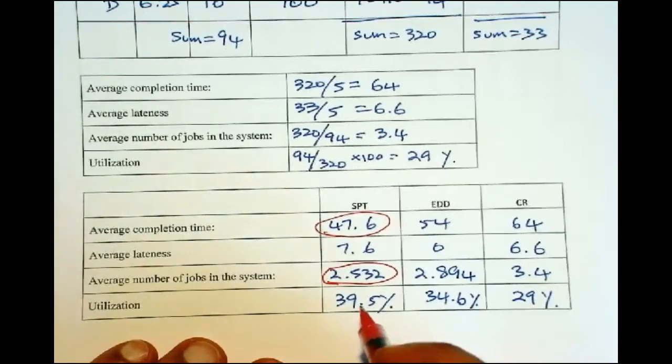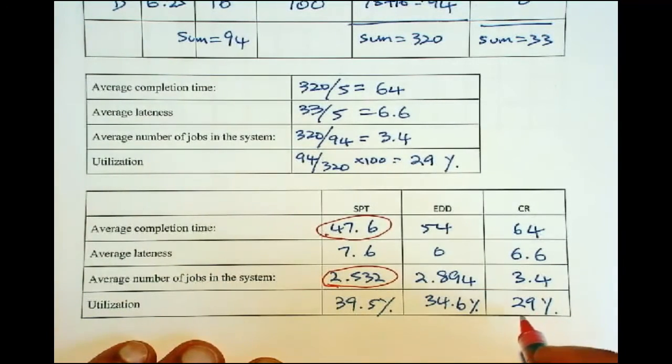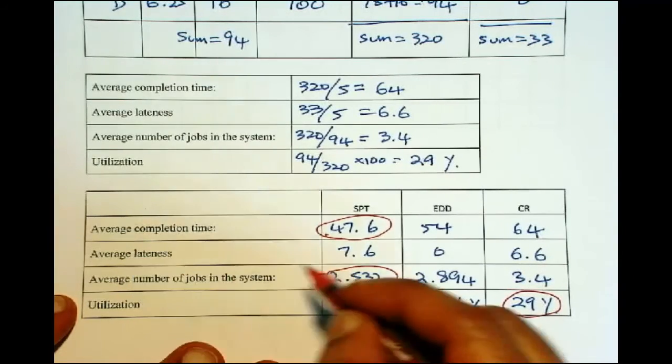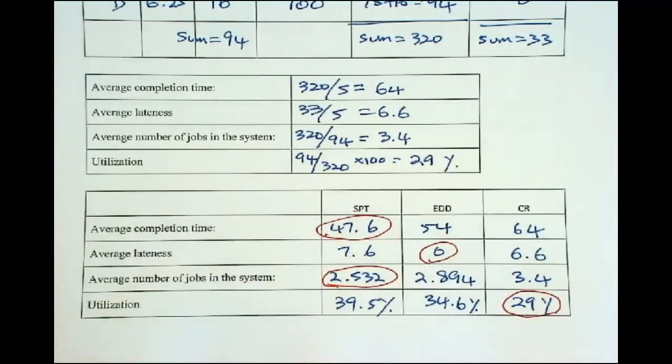The utilization, not precisely work in process inventory, is about the percentage of time a job will not be idling, and the smallest value is CR. Now, as far as the delivery due date performance is concerned, EDD gives you the best value, and this is what we discussed earlier also.